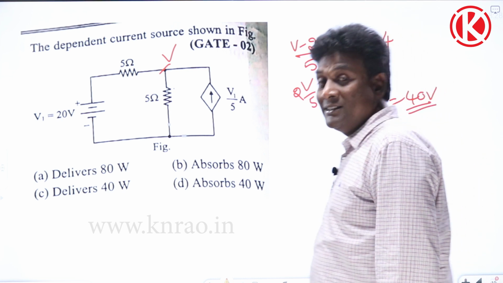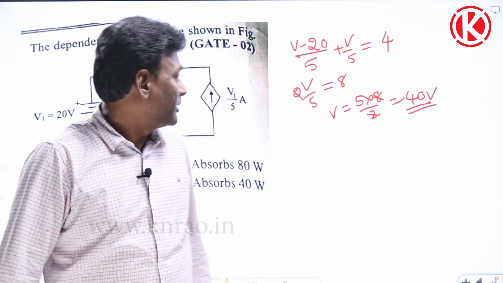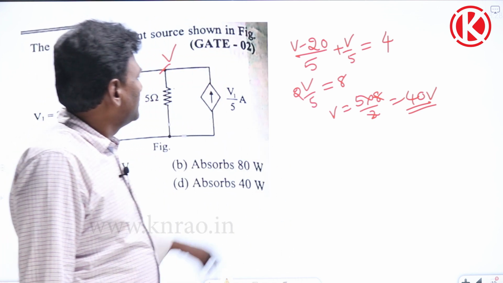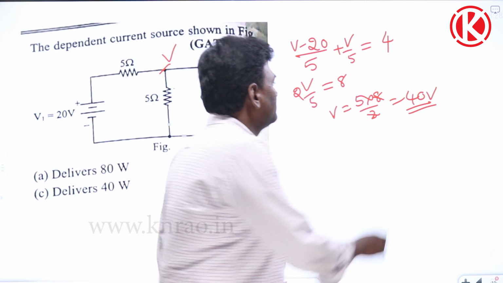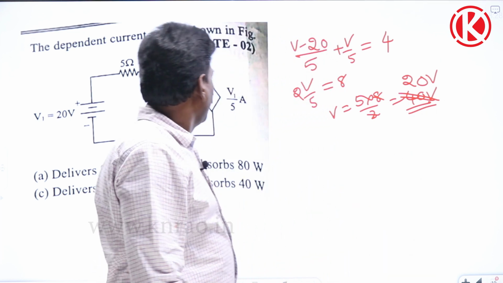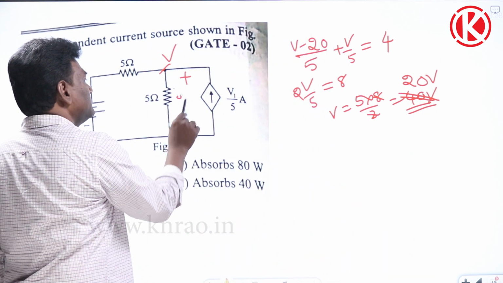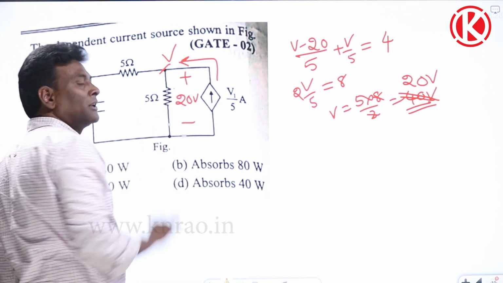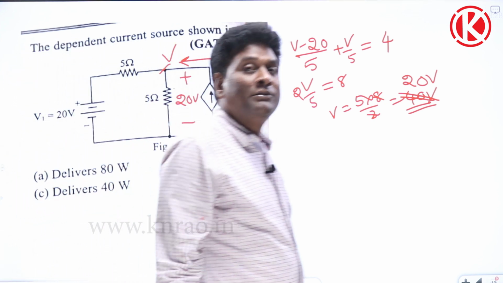Now, what is the power absorbed? Voltage across this is 20 volts. And the current is coming out of the positive terminal, meaning that it should deliver power.